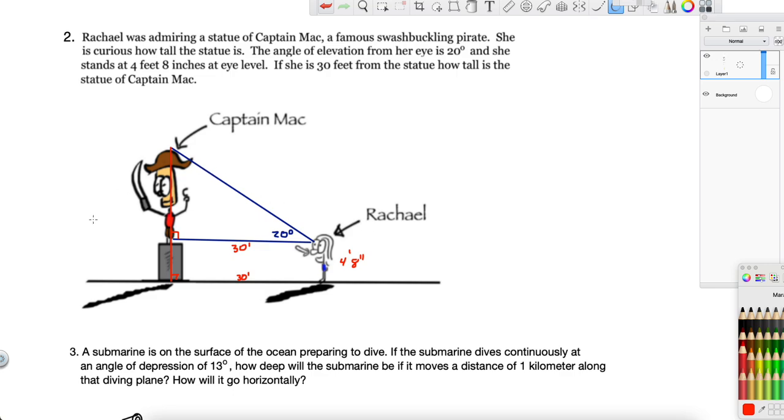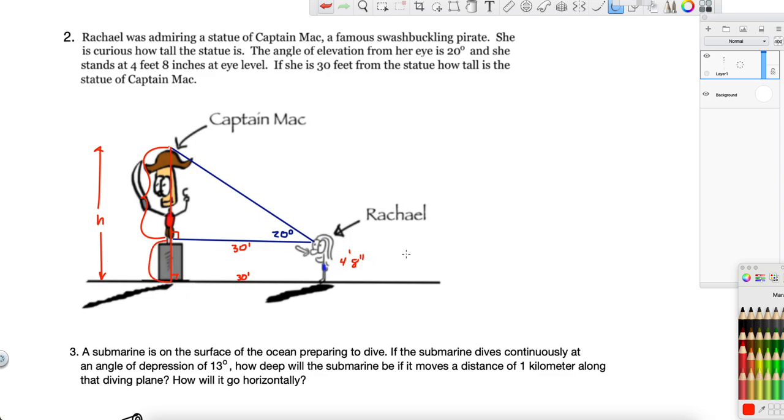And we're looking for the total height here. The height of the statue from the ground is going to be the height of this leg on this triangle plus this segment, which is the same as Rachel's height.